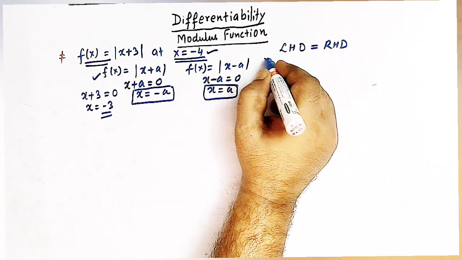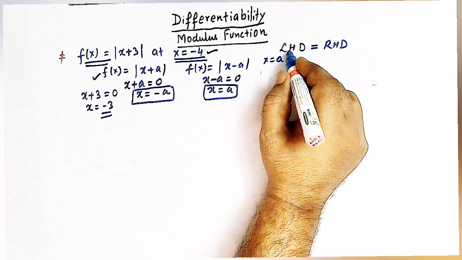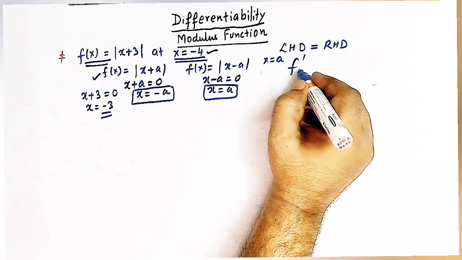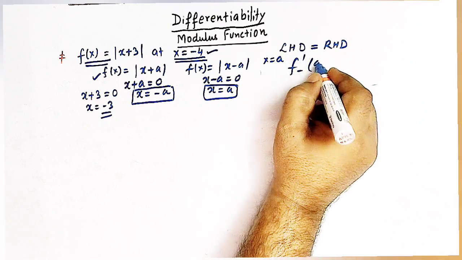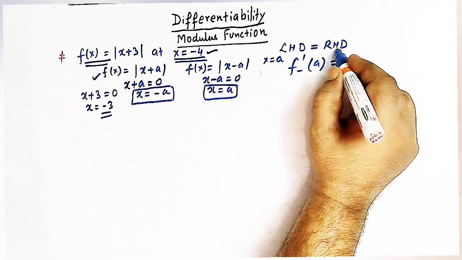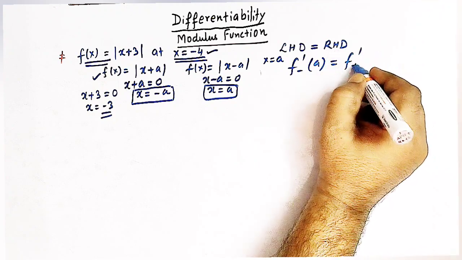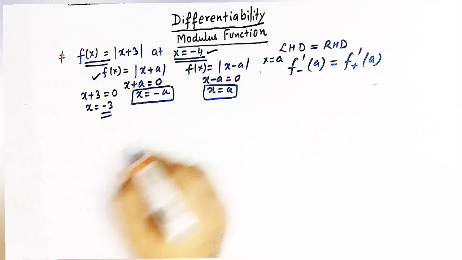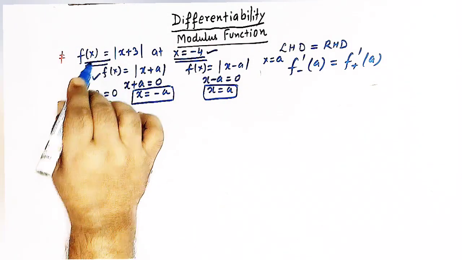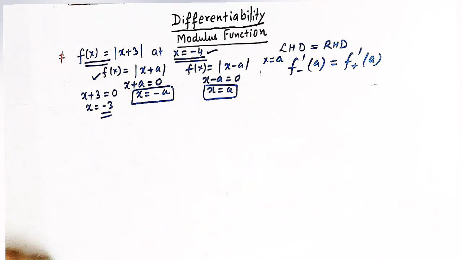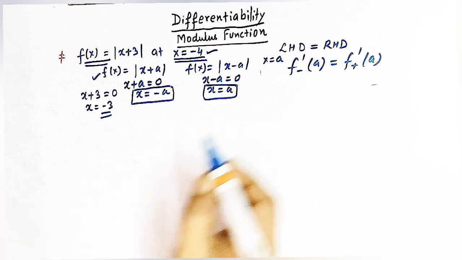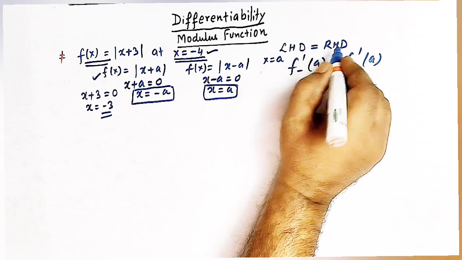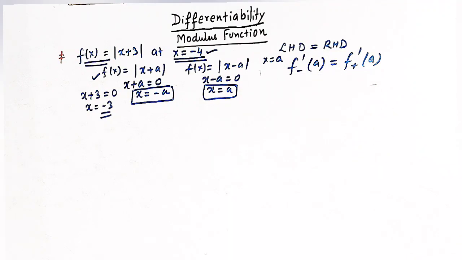So if we have a point, say x is equal to a, then the left hand derivative at this point must be equal to the right hand derivative at x is equal to a. In this case, first we'll find the right hand derivative, then the left hand derivative, and we'll see that both are equal to each other.